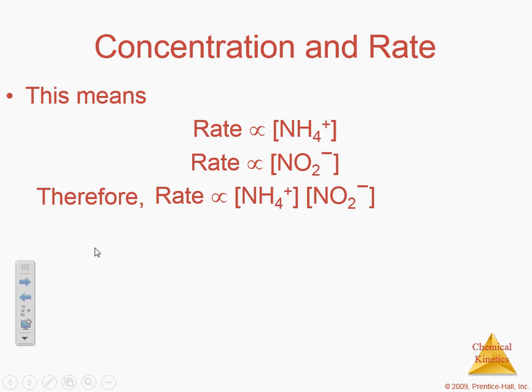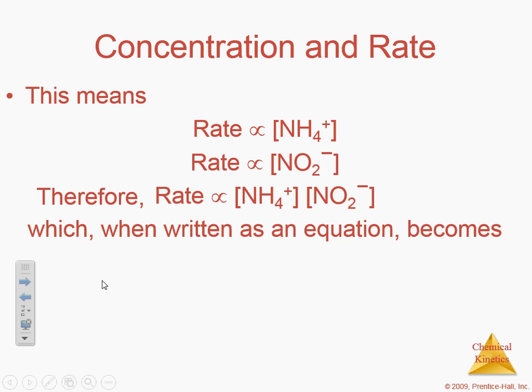Therefore, if we are going to write a rate equation for this reaction, it's going to be written as rate equals K times the concentration of NH4 times the concentration of NO2. And K being the rate law constant, which will always be given to you.